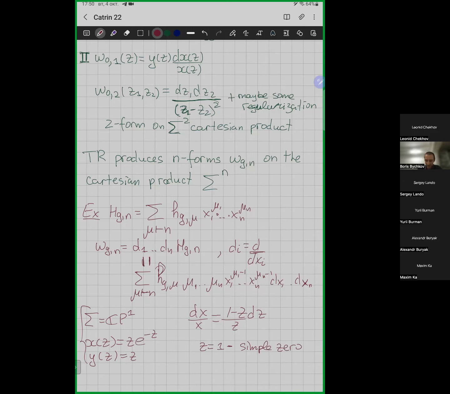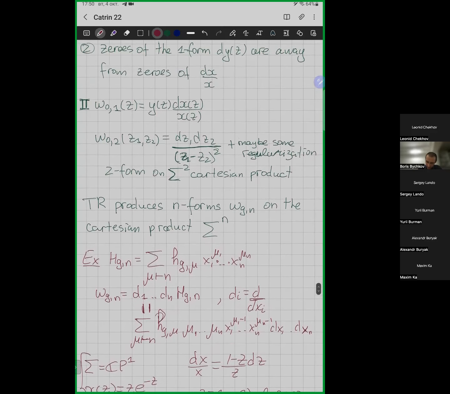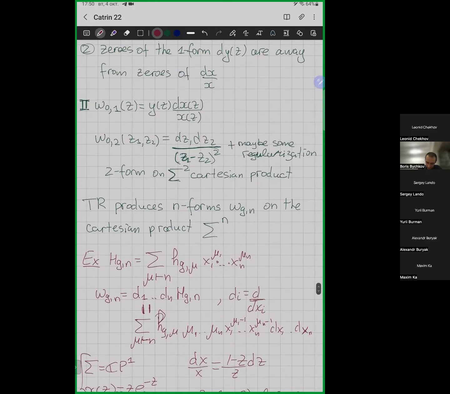Yes, and so the recursion produces these n forms omega, which depend on the coordinate z on each copy of this CP1.